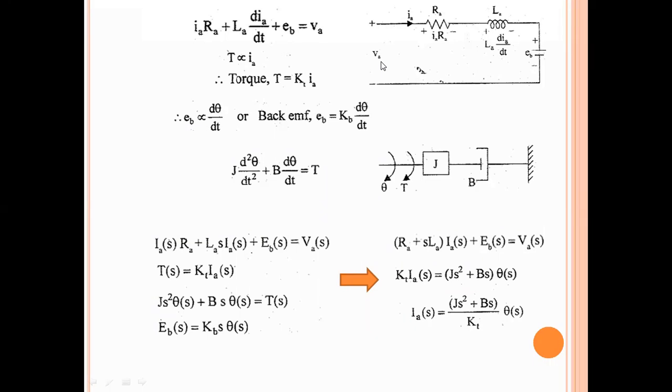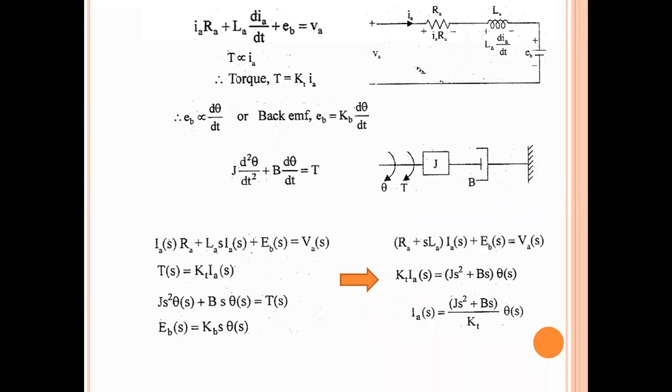The armature voltage is equal to the voltage drops across the resistance and across the inductor. However, the back EMF has the opposite direction to the supply voltage, which is the armature voltage. That's why here we need to write the back EMF also. So the final equation will become IaRa, where Ia is the armature current, plus La into dIa by dt, the voltage drop across the inductor, plus Eb is equal to the armature voltage. So this is the required KVL equation of the armature circuit diagram.